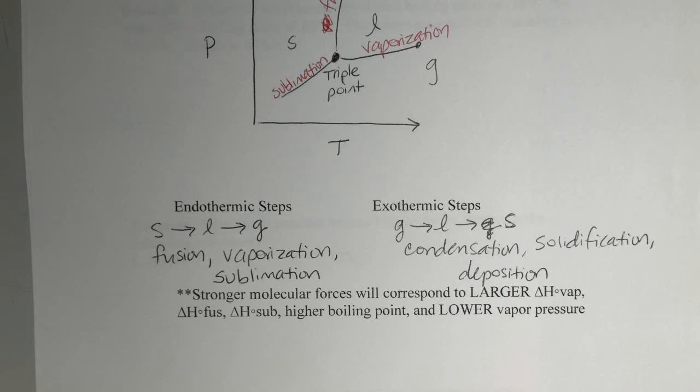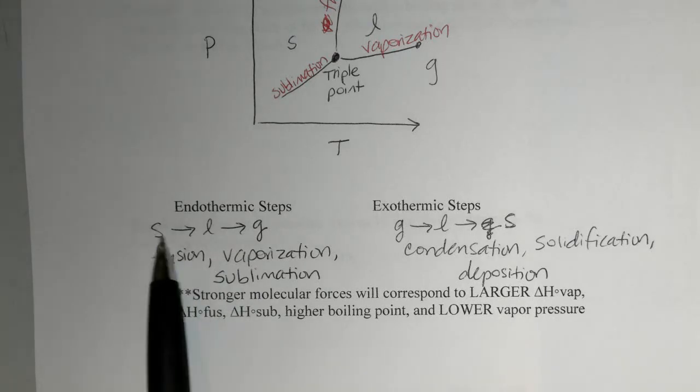Now what we saw with intermolecular forces and how it relates to vaporization, the same is true for fusion and sublimation. The stronger the intermolecular forces are, the more energy it will take to change the phase.